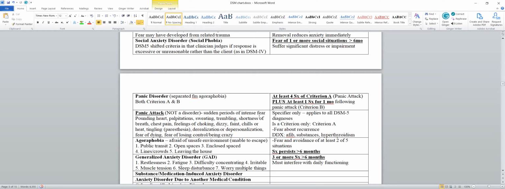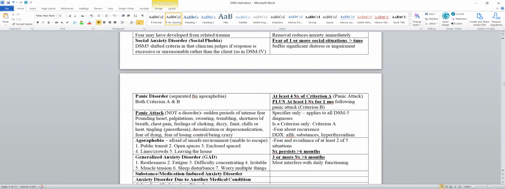Agoraphobia is being afraid of an unsafe environment, unable to escape. Fear and avoidance of at least 2 of the 5 situations: public transit, open spaces, enclosed spaces, lines and crowds, leaving the house.